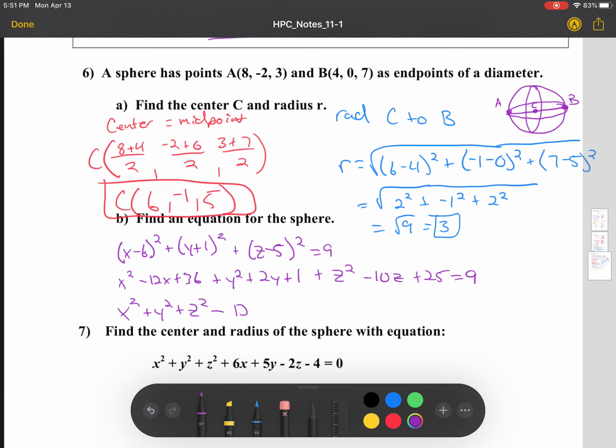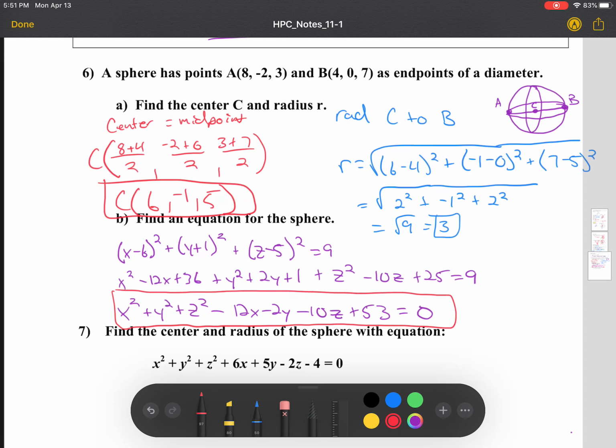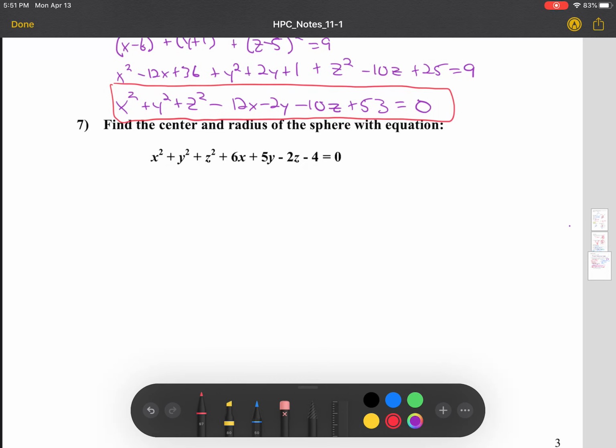You're going to get x squared plus y squared plus z squared minus 12x minus 2y minus 10z plus 53 equals 0. That should be your final answer right there. Make sure you simplify it all the way down. Keep your work neat, keep it organized.